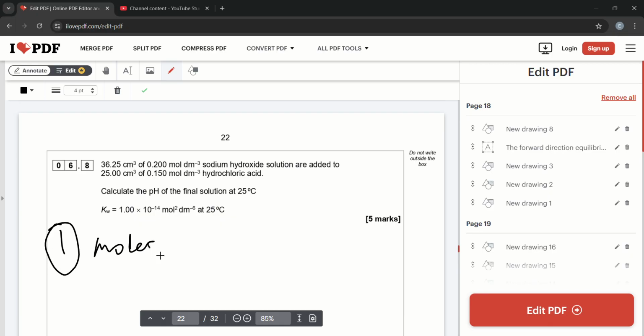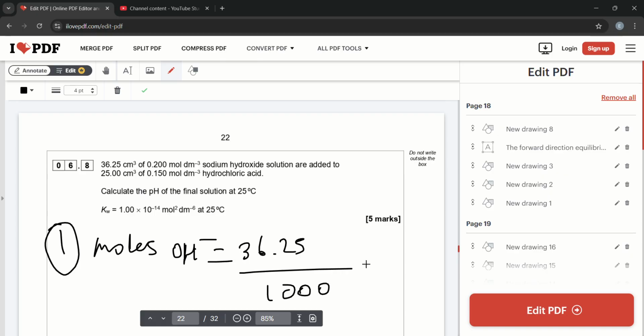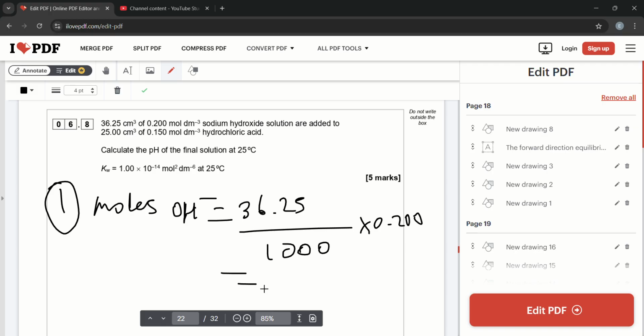Moles of sodium hydroxide solution, so OH minus equals 36.25 divided by 1000 times 0.200, which is 7.25 times 10 to the power minus 3.